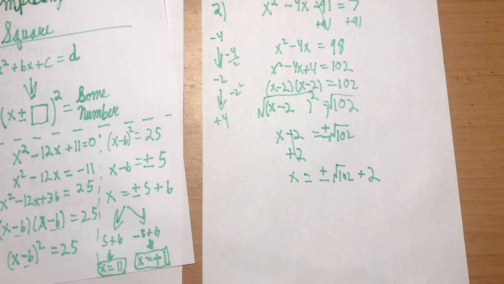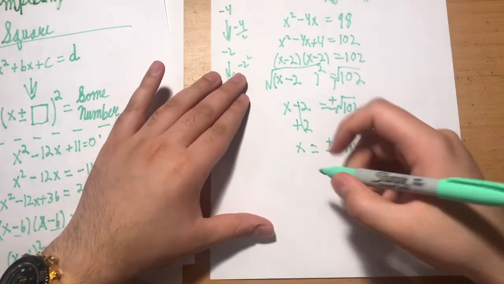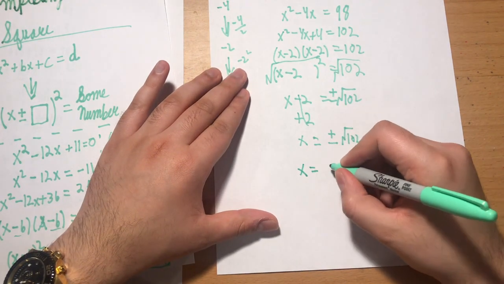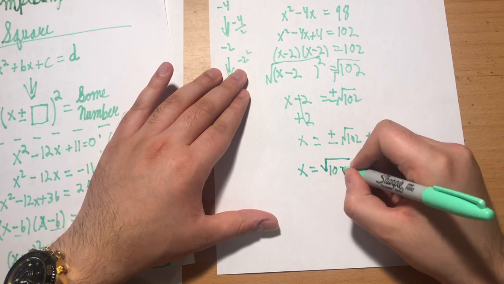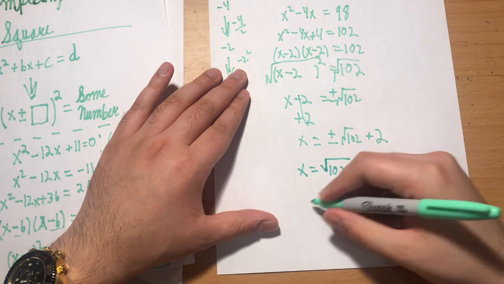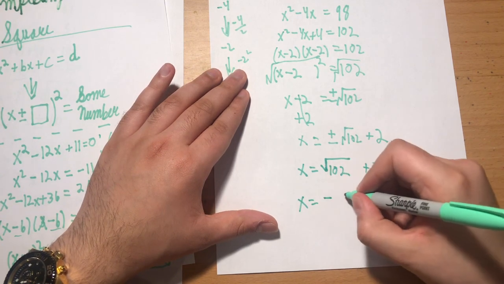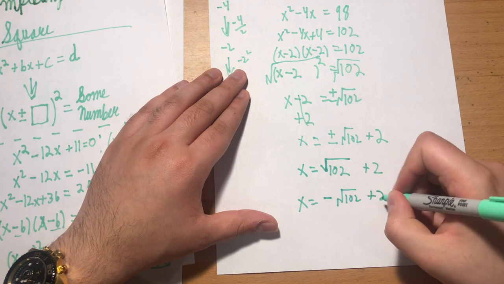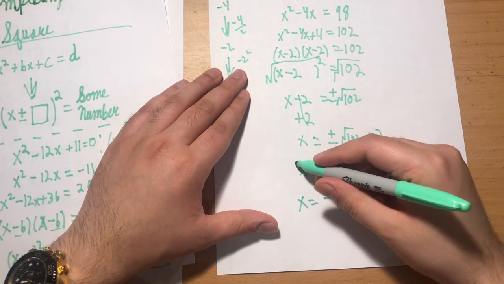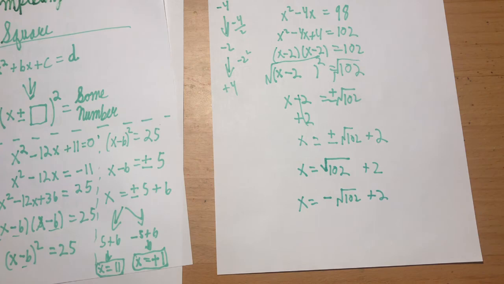Or you might be required to separate them, right? x can equal positive radical 102 plus 2, or x equals negative radical 102 plus 2. And both of these would be your final answer. So it depends on what your teacher is asking or what the exam is asking for. But that's pretty much it.